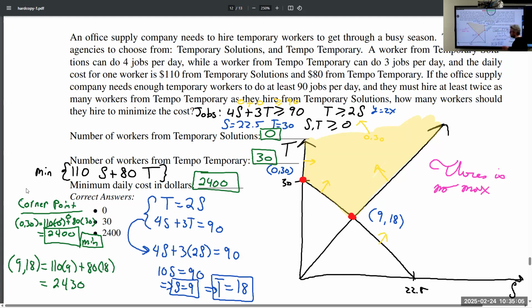I could just keep spending money to keep getting jobs done. But I think there's only a minimum. And it's not the minimum on the graph. It's the minimum of the objective function.